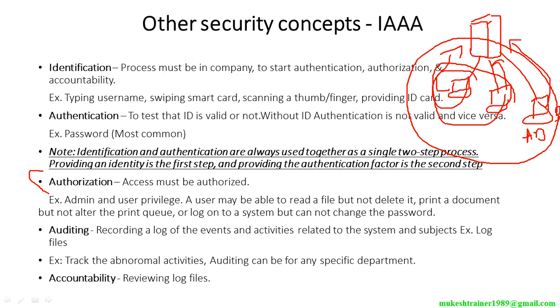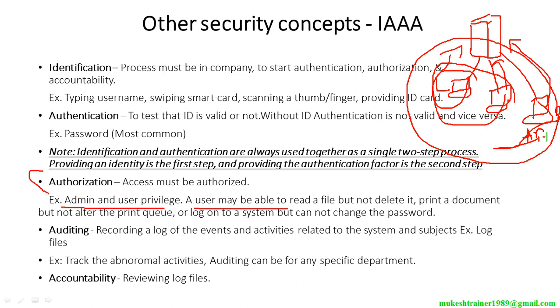So authorization is important. You are authenticating people, and you have to decide what level of things they can or cannot do. By looking at user behavior or their working profile, you have to give authorizations to them. So what is authorization? Admin and user privilege.